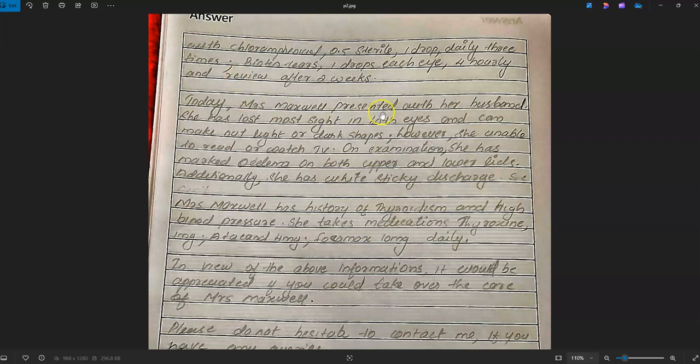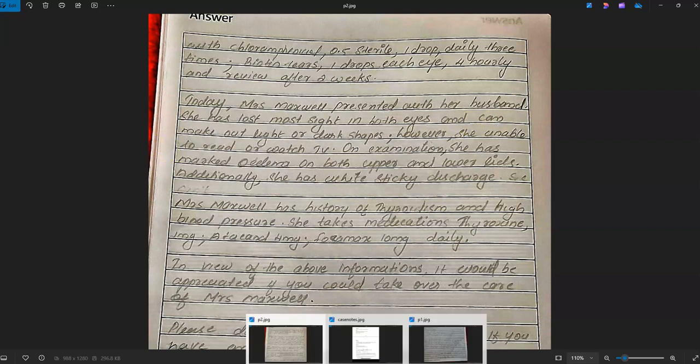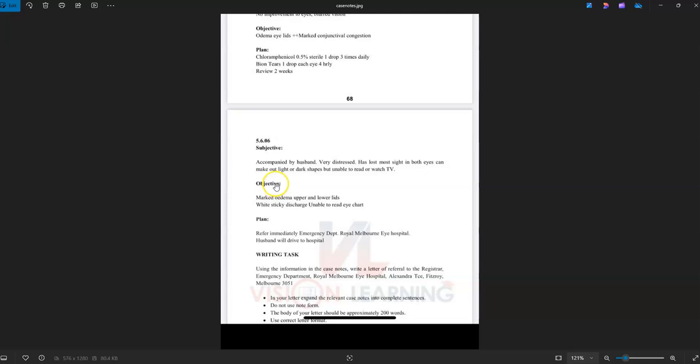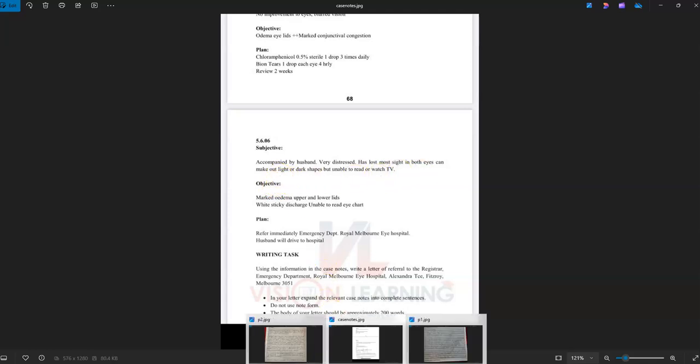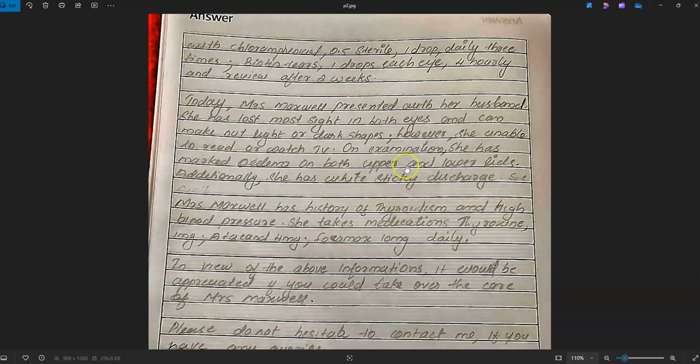Today, Mrs Maxwell presented with her husband. She has lost most of the sight in both eyes and can only make out light or dark shapes.